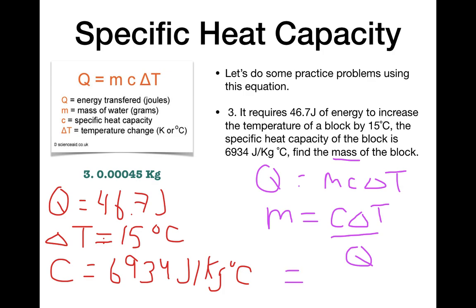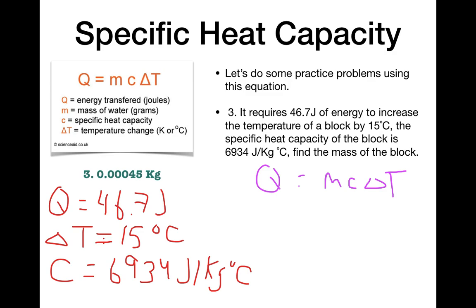So I'm going to write a space. 6,934 times 15. Oh, I messed this up, guys. Look what just happened. Okay, so I'm going to rearrange this formula. I'm focusing too much on using this iPad thing properly.